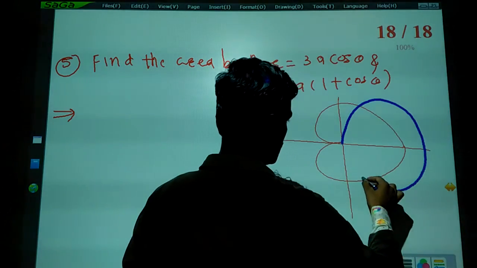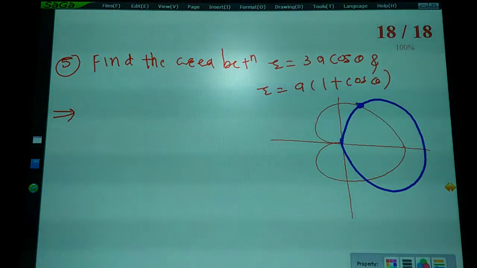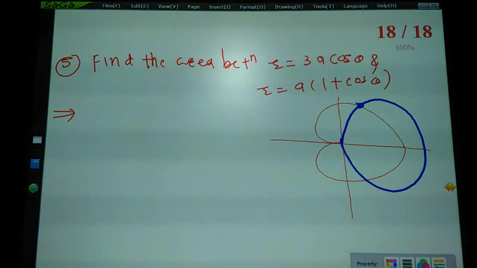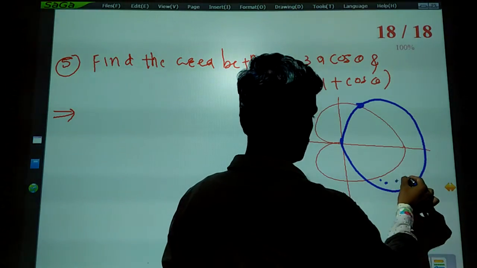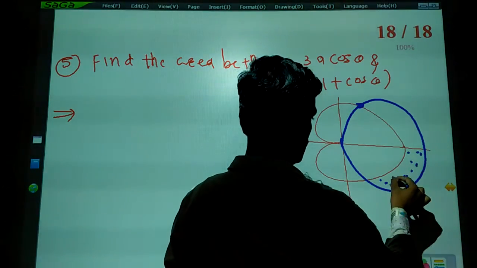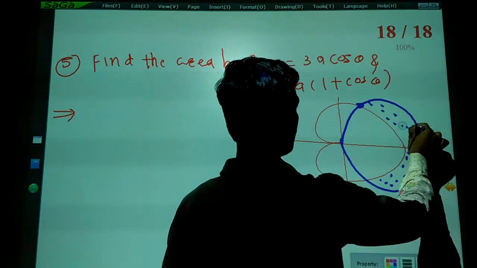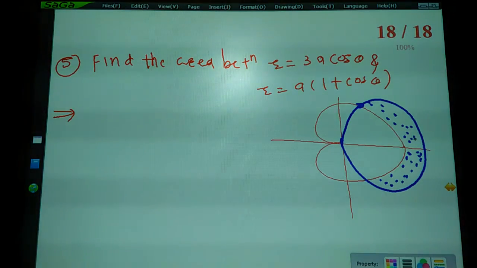Suppose this is the circle, here are the intersection points, and this is the common part between them. So we need the area between that circle and cardioid.